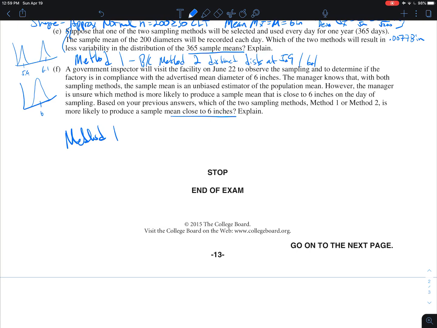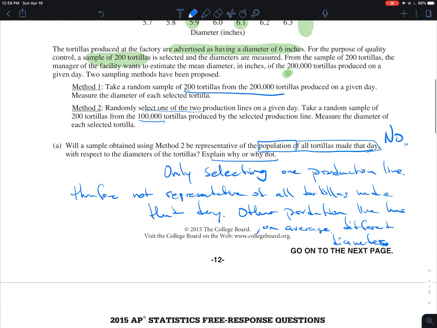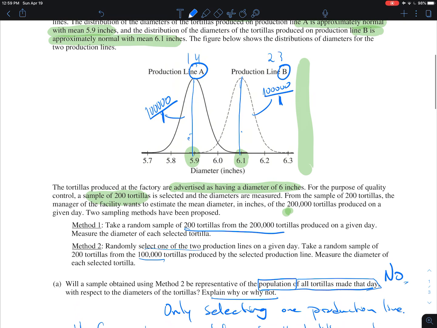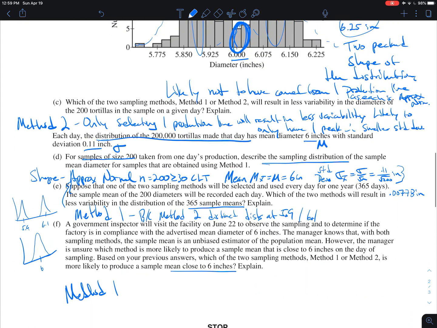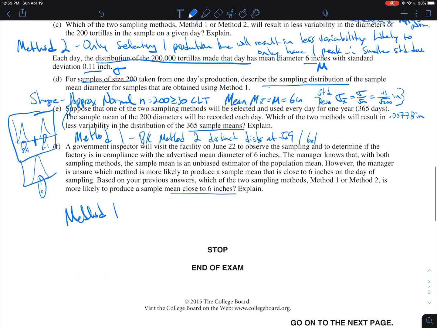Method 1. Because even though in the long run, we know that method 2, if you're bouncing back and forth between these two, in the long run, you'll end up with an average of 6. Because we saw that here, right? The average is still 6. I'm looking over here now. But on any one day, you're either going to be probably over there or over there. Where using method 1, you're expected to get 6. That's always going to be your best guess on any given day.